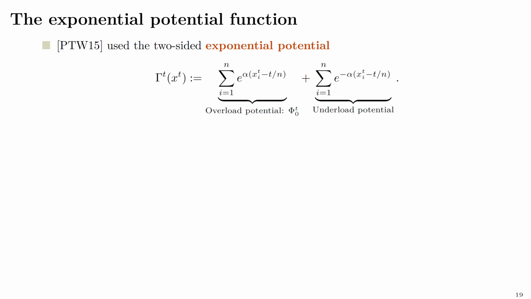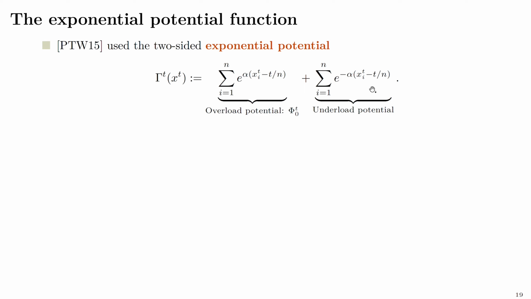So in our proofs, we make use of the two-sided exponential potential function as a base case, and this was used by Peres, Talwar, and Wieder to prove the upper bound for the 1 plus beta process. So for each bin, we have the exponential of the normalized load smoothed by a factor alpha. And the second term is the exponential of the negative of the normalized load.